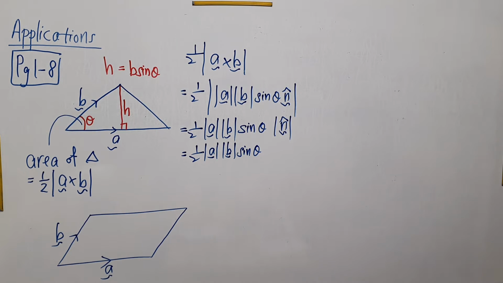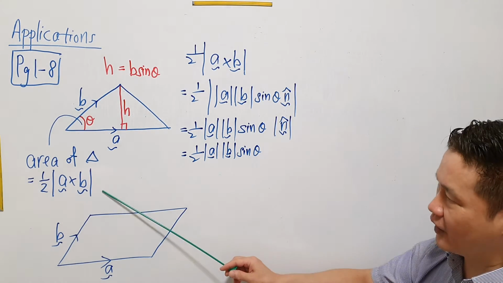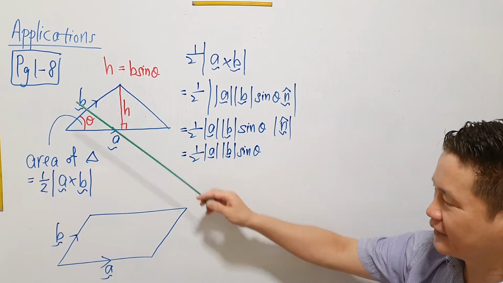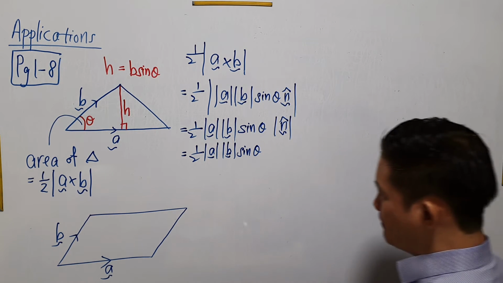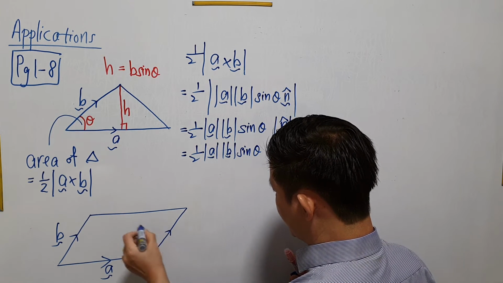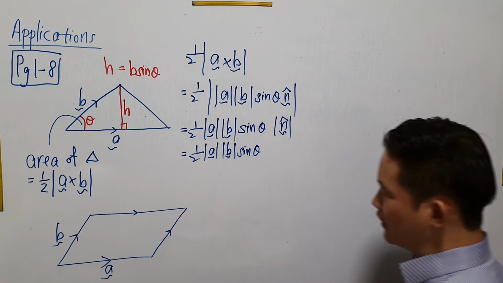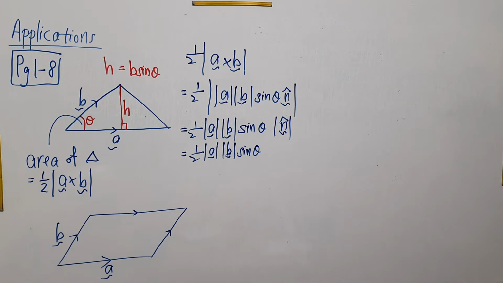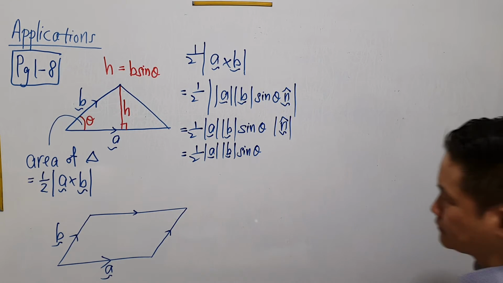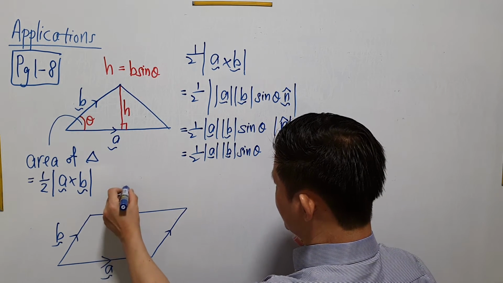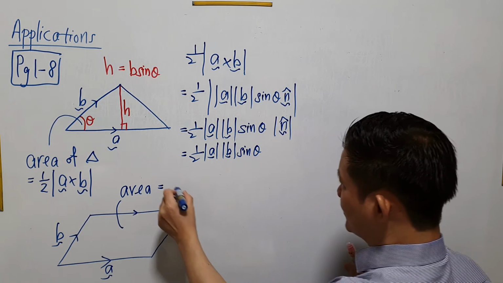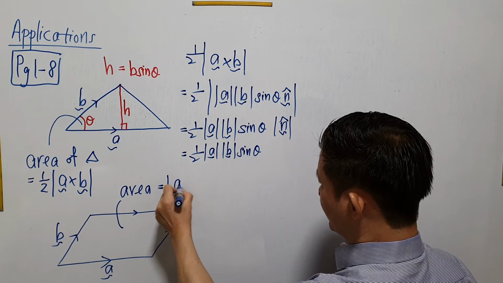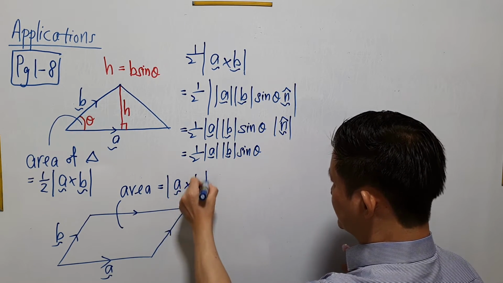Now, if this is the area of a triangle, can you tell me if I have to find the area of this parallelogram, what do you think it will be? I'm sure it won't be long for you to realize that this area is just the magnitude of A cross B. Simple as that.